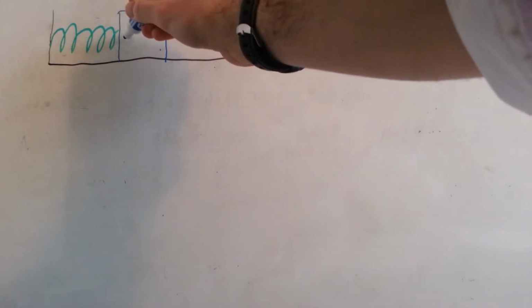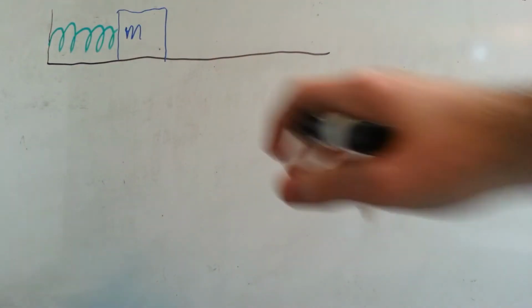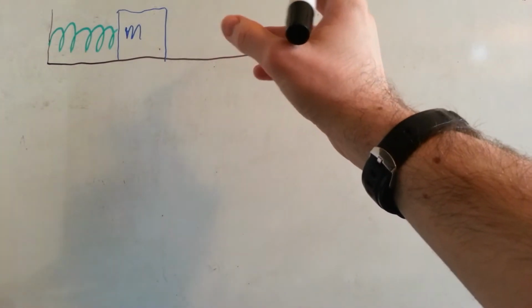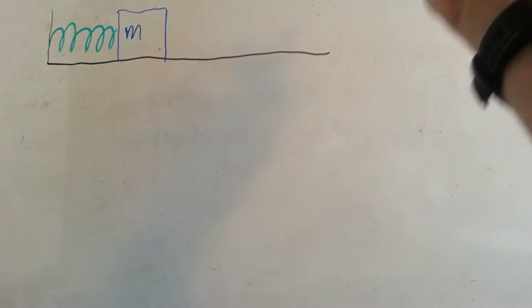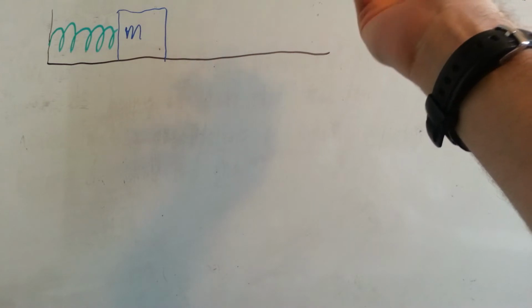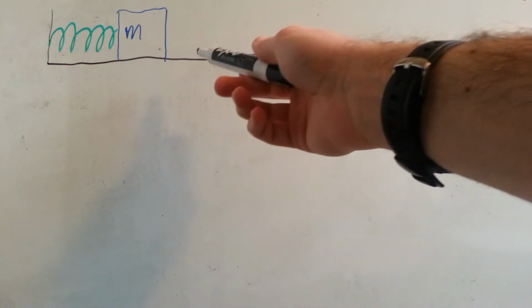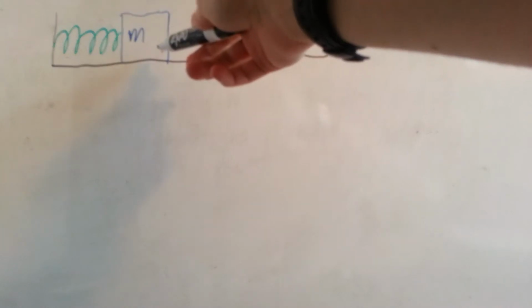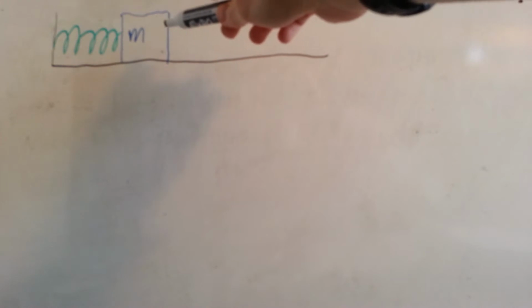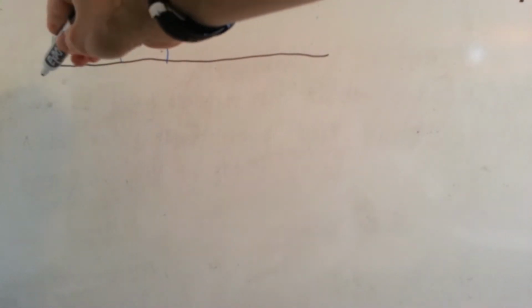Block of mass M. And that's the initial state. You want to think what kind of energy or work is being done at this point. Well, there is no kinetic energy because it's not moving. But the spring has potential energy. So just something to think about whenever you're drawing a problem with a spring in it.